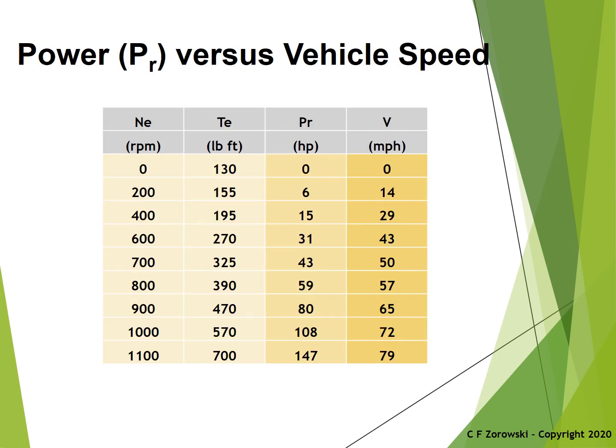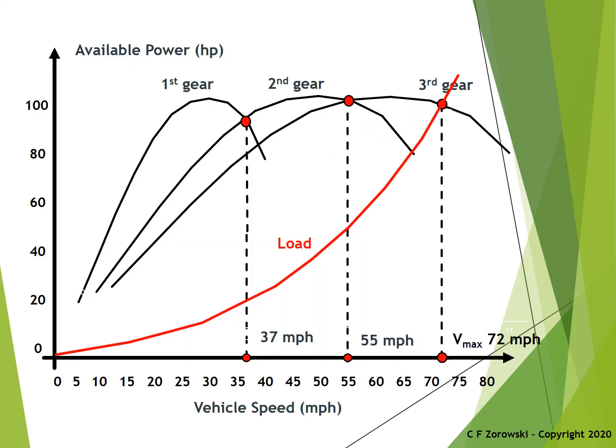This chart lists the horsepower required at specific vehicle speeds in miles per hour corresponding to the assumed road resistance load data. The calculated results of the previous example are highlighted. The calculated rear wheel load horsepower values are plotted on the previous power versus vehicle speed graph.